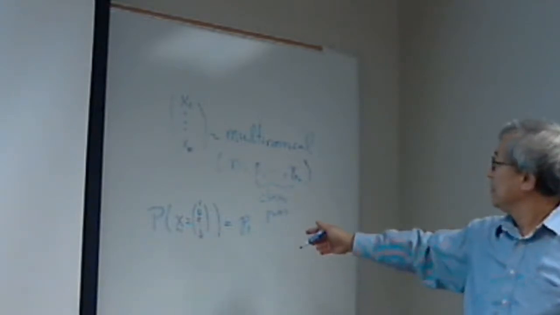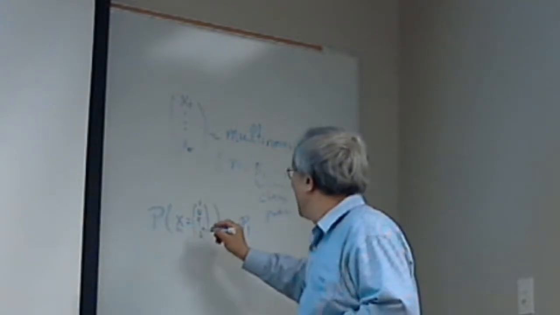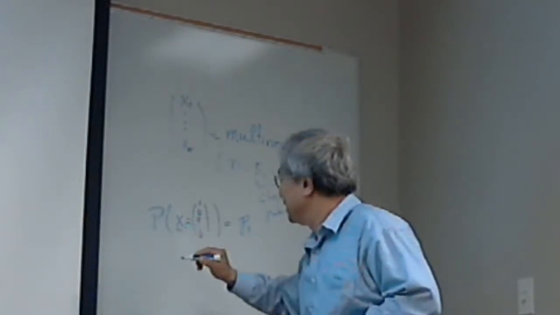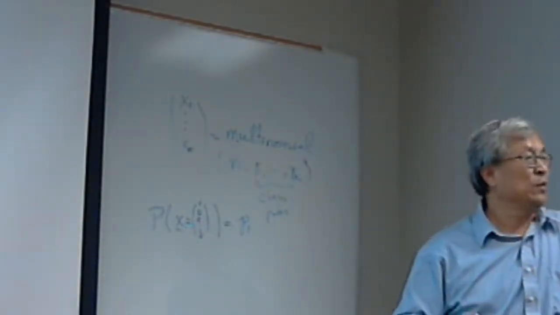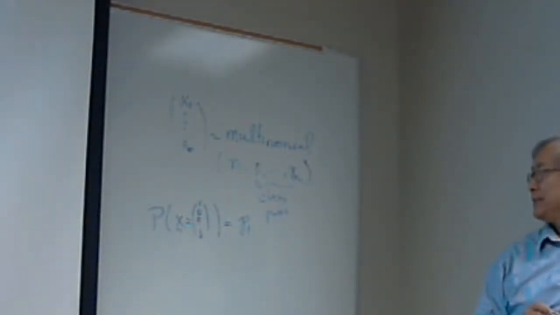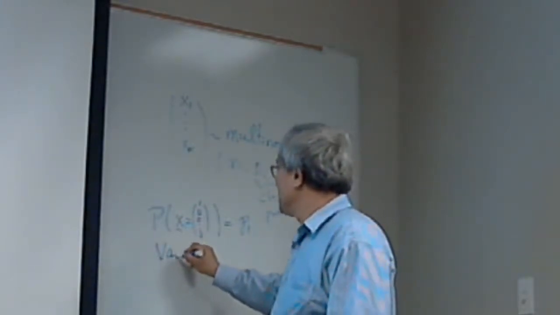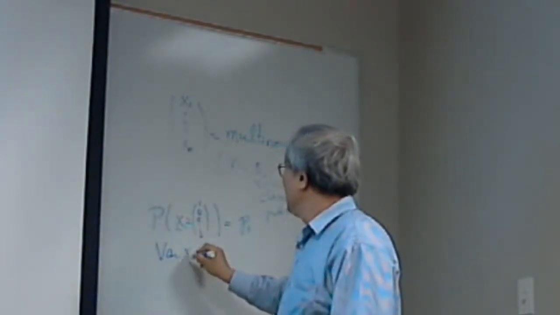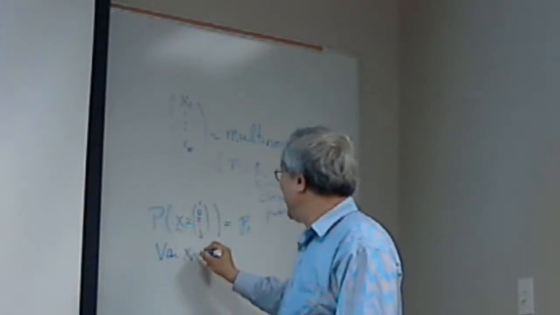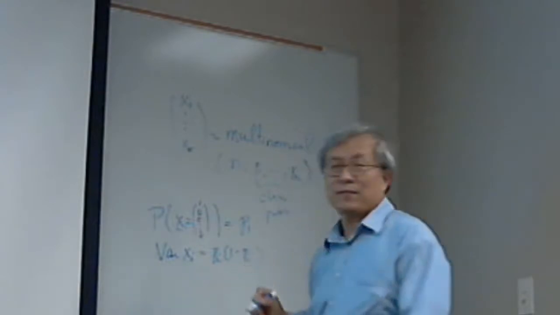Trial number 1 results in class 1 with probability P1. And you can see that the variance from this x_i would be pi times 1 minus pi. That's the variance of that.